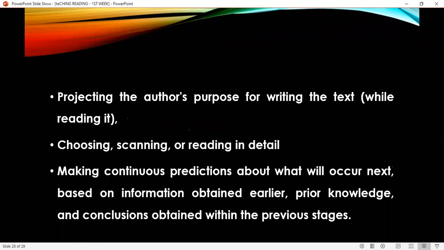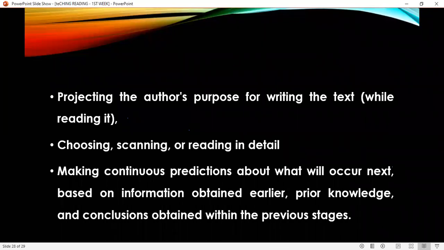So you are going to join all of these predictions. So notice that a metacognitive view is more complete.